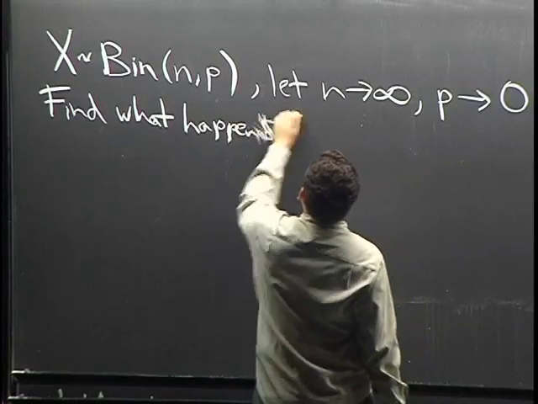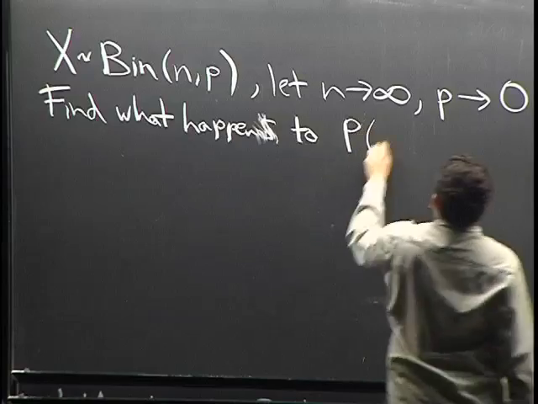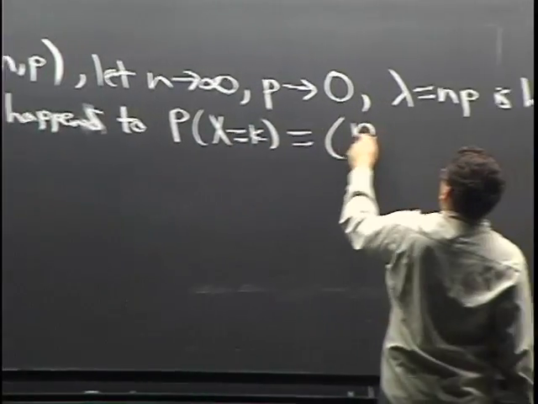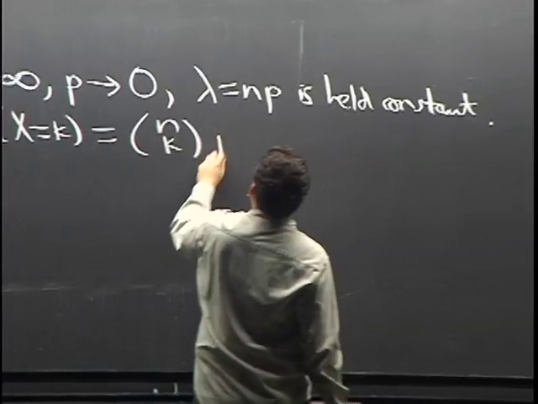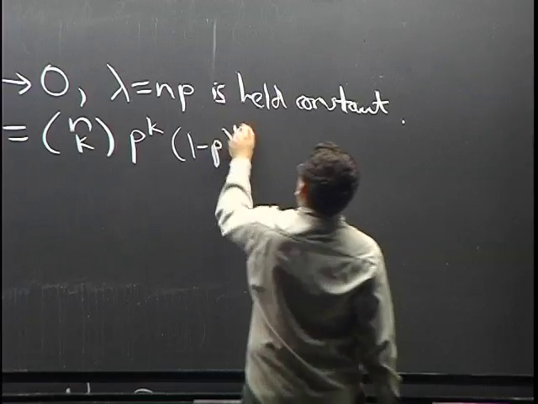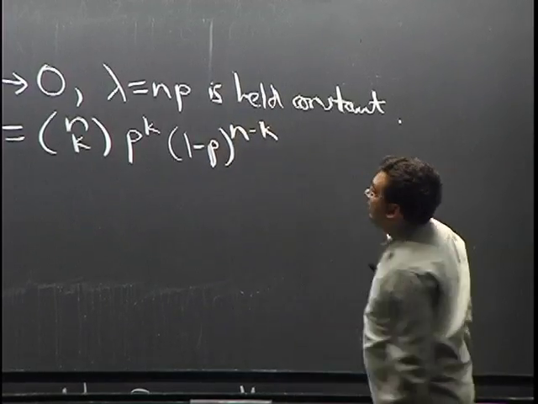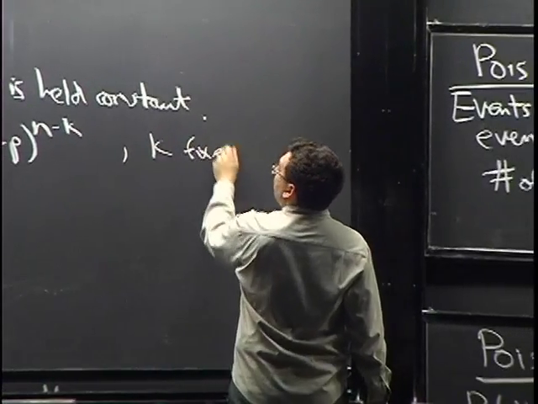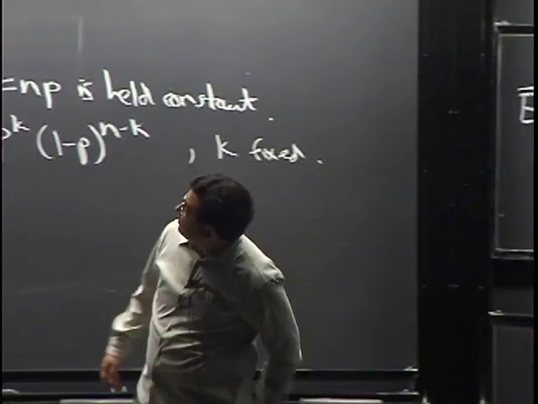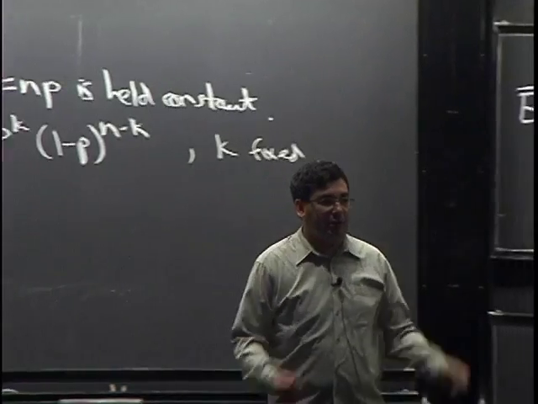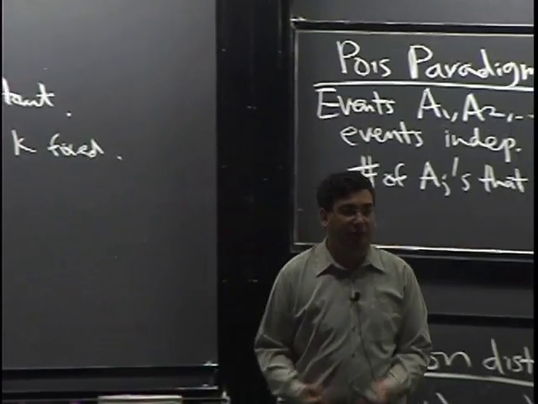What happens to the probability that X equals k, which we keep seeing is n choose k, p to the k, (1 minus p) to the n minus k. So we want to know what happens to this thing, where we're treating k as fixed. As we're letting n get very large, p get very small, but then we want to look at one specific value for the PMF.